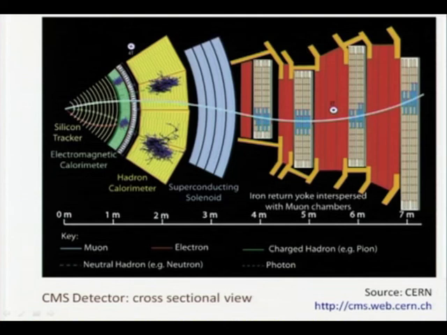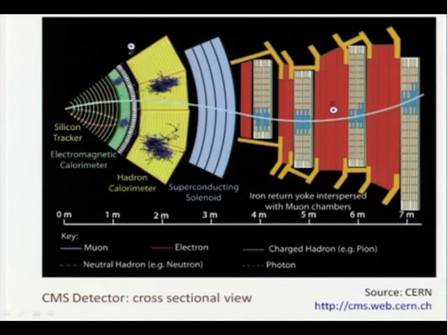Whereas neutral hadrons like pions, etc., we will come to what the different hadrons are at a later stage, but they are basically particles which are made of quarks like protons. The neutral hadrons go straight in the silicon tracker and are absorbed in the hadron calorimeter.